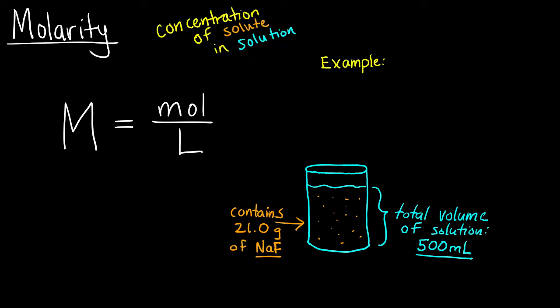Let's do an example of how to calculate molarity using this example. If you take 21 grams of sodium fluoride and dissolve it in enough water to create a solution with a total volume of 500 milliliters, then there are a couple of things you need to do to calculate the molarity of the sodium fluoride in this solution. First of all, you need to convert your 21 grams of sodium fluoride to moles of sodium fluoride.